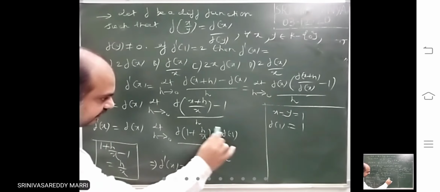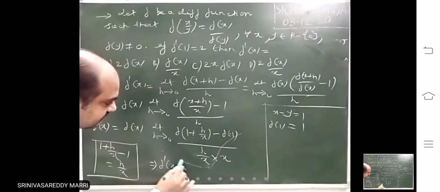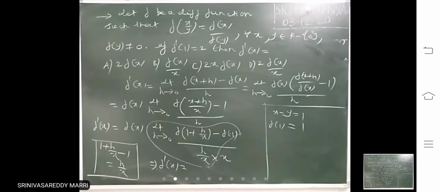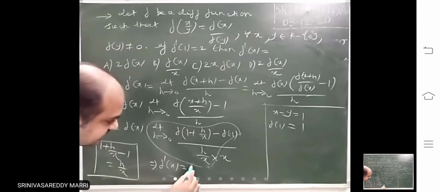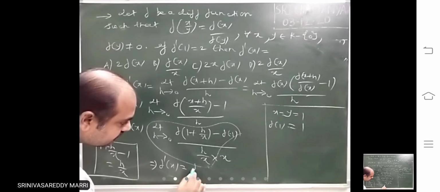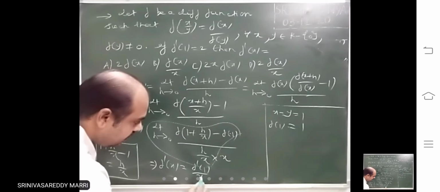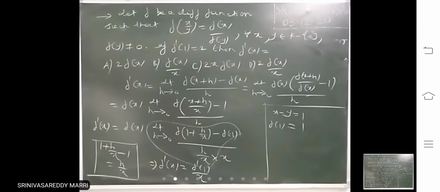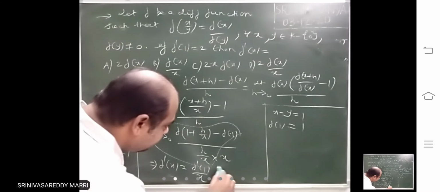This limit is f dash 1, divided by x. This x is constant. So f dash 1 is given as 2.